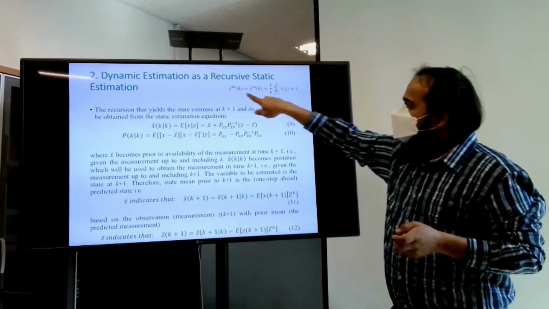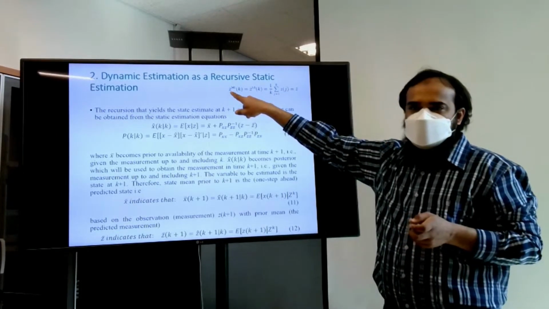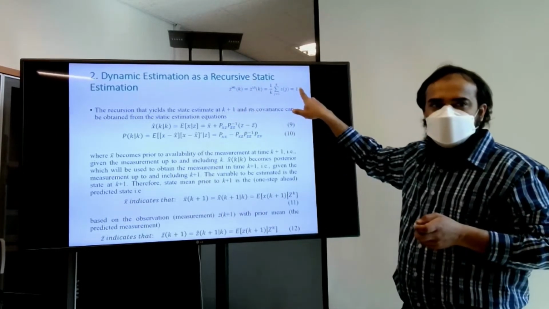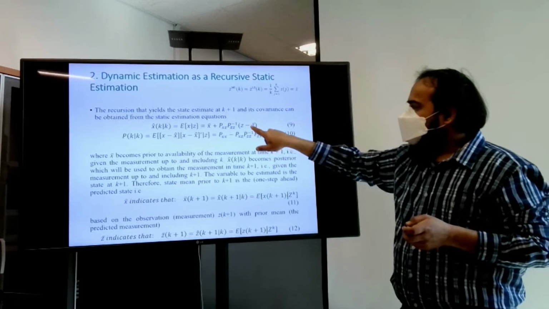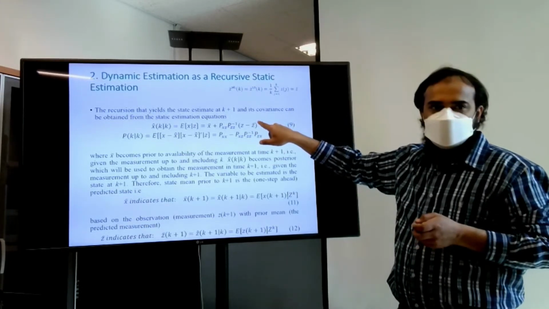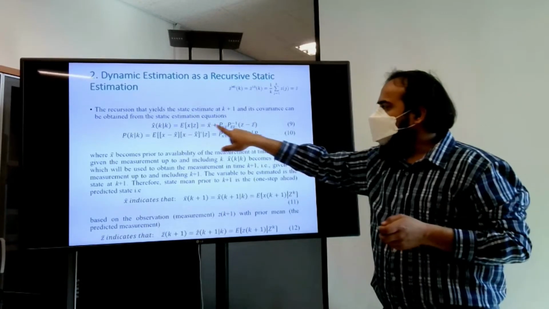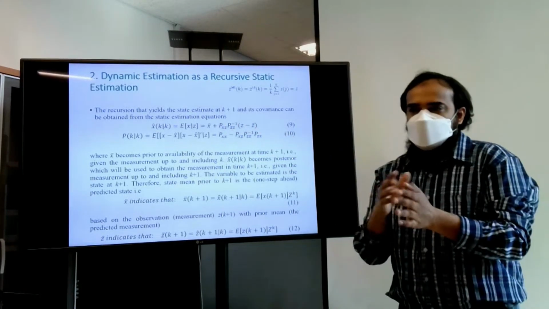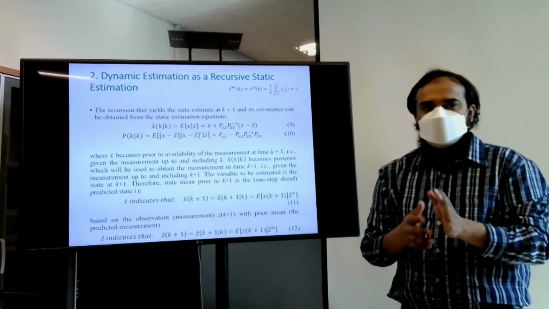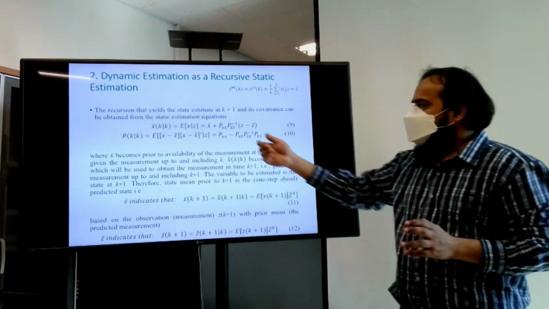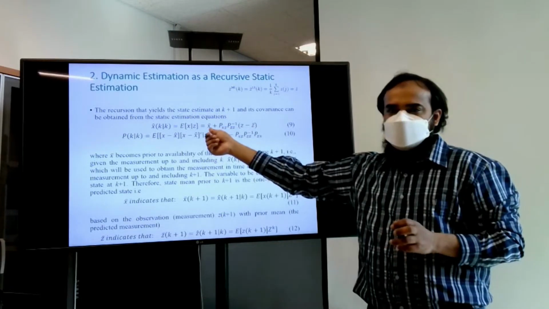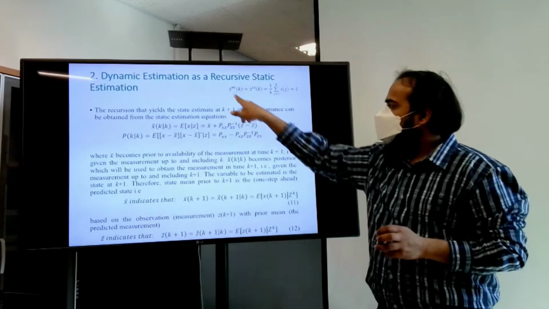This is equal to the estimator. One can write x bar, but in the book it is written this way to differentiate, because there is some difference between this and this value.